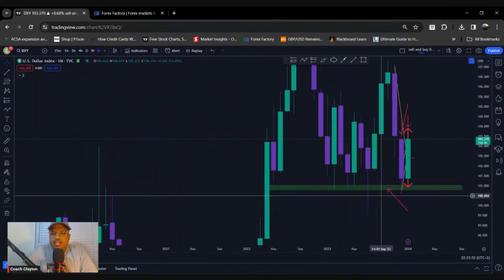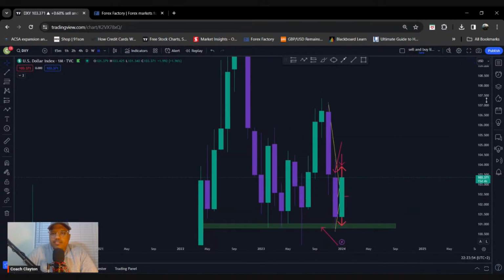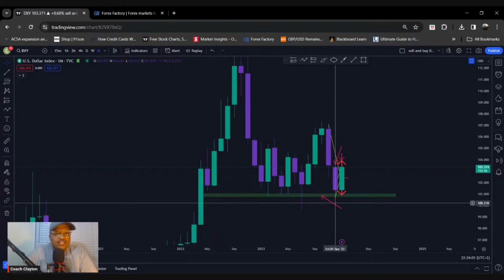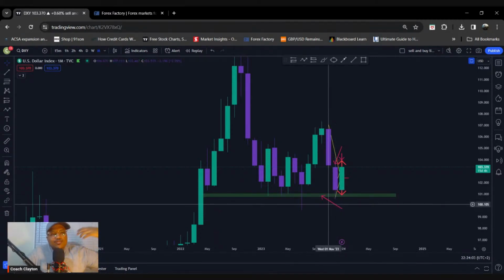And upon this theory that this demand zone is strong again, and remember the market likes to figure out, I couldn't understand why the DXY was still having strength.